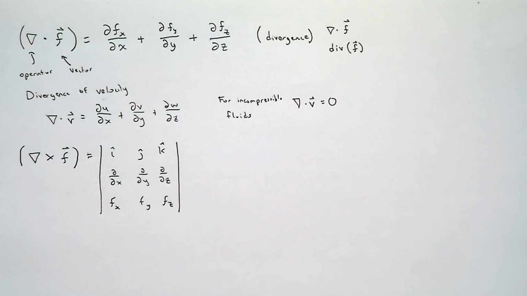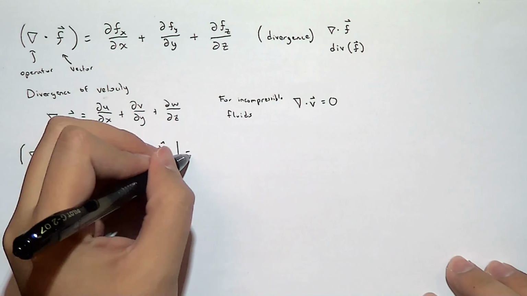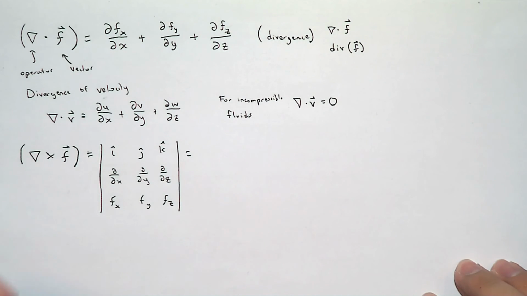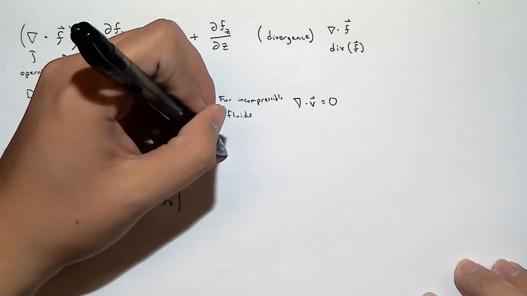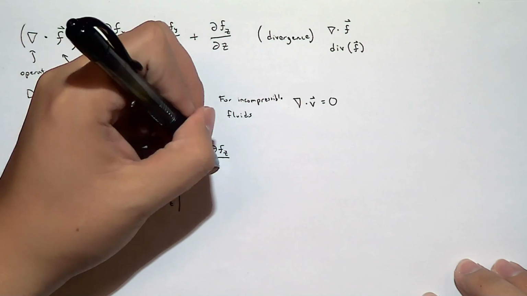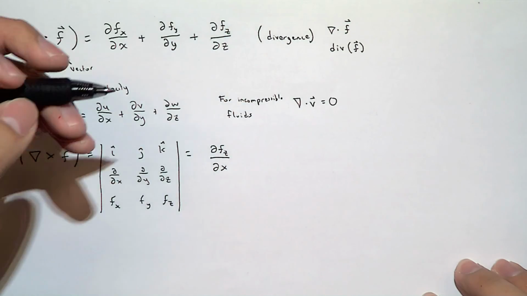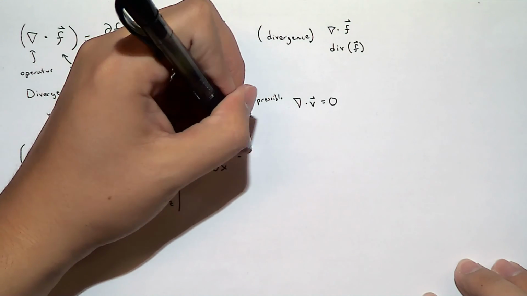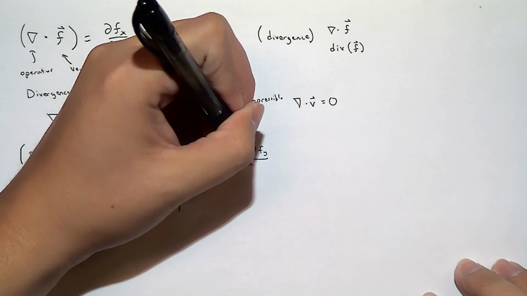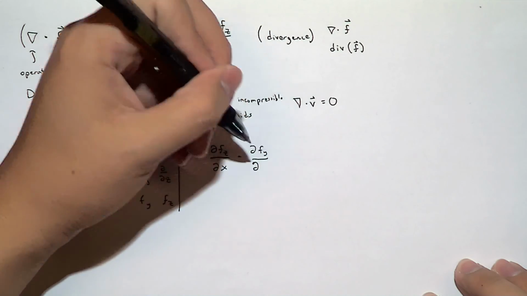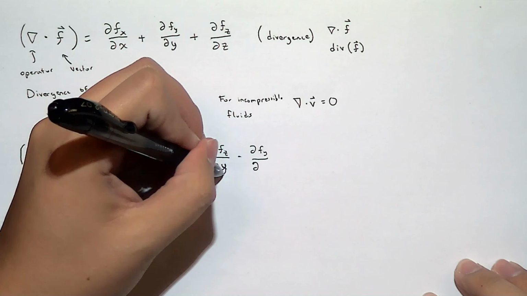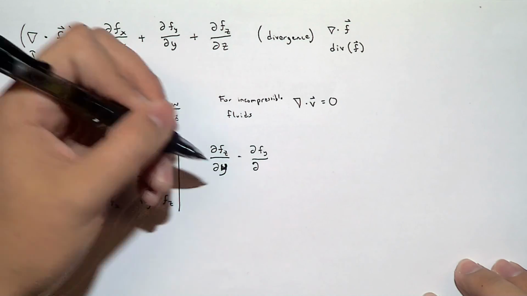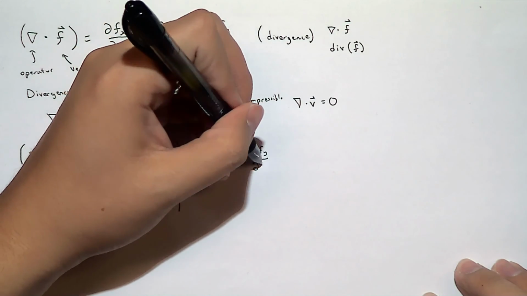Good. We find it the same way for this vector, which would just end up with partial fz over partial x. And this is going to take me a while to write, so I appreciate your patience. Oh, partial y, here we go. There we go. I was like, that does not look right.